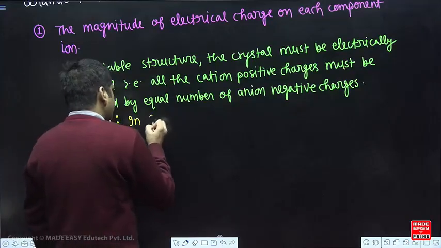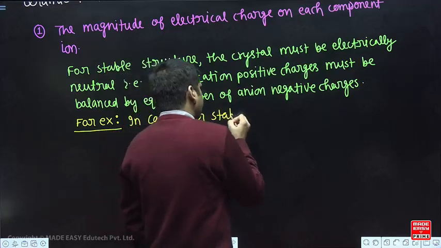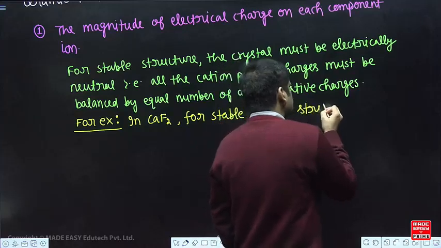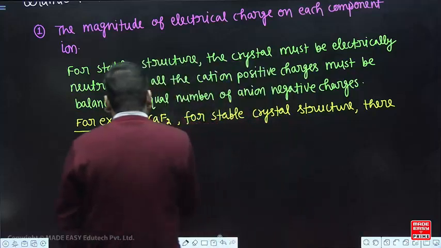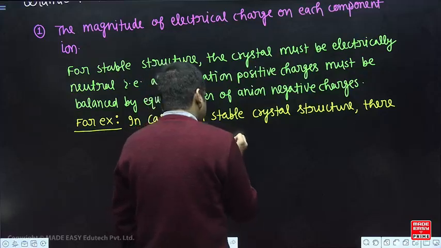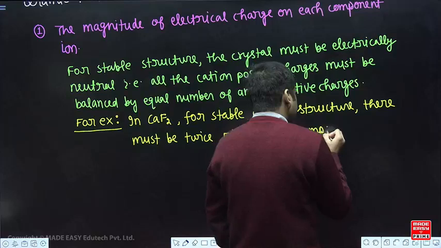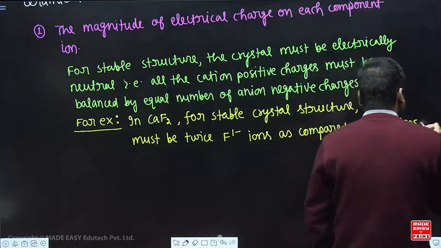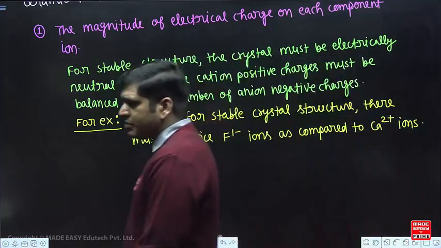in CaF2, for a stable crystal structure, there must be twice F1 minus ions as compared to Ca2 plus ions, then only the structure would be stable, because it must be electrically neutral.